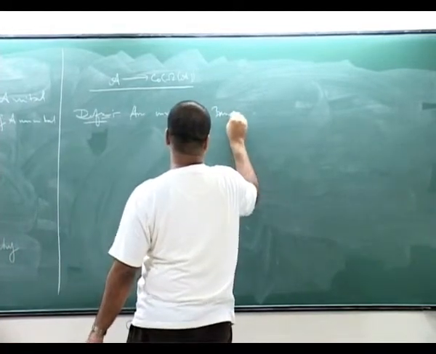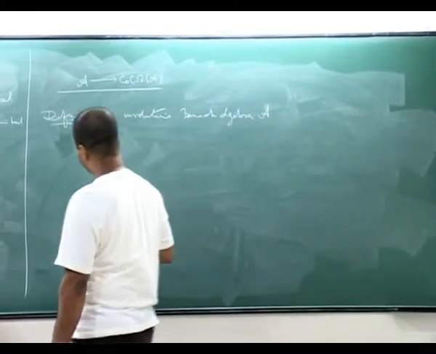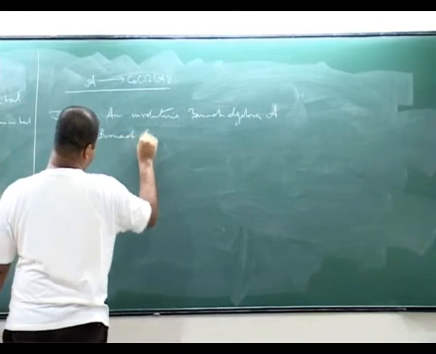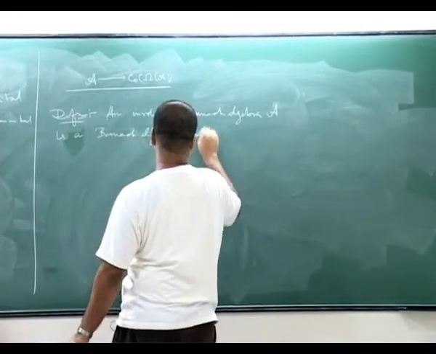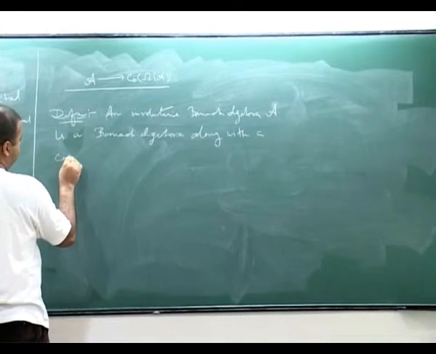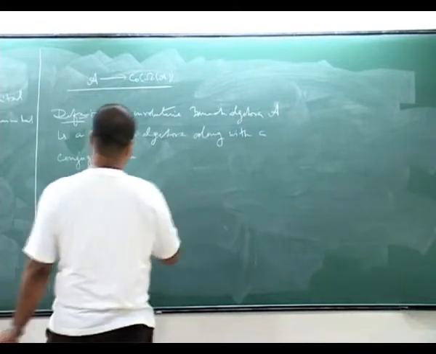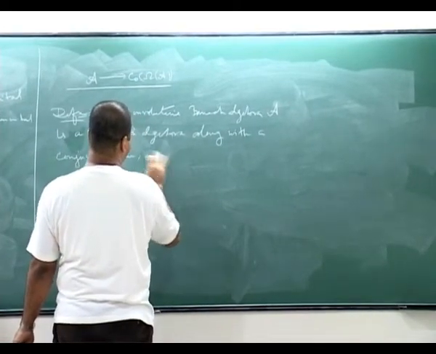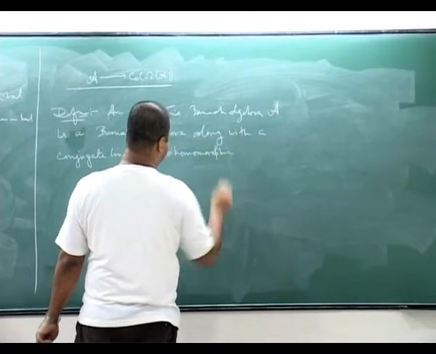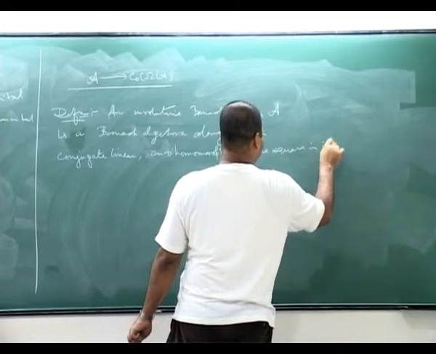An involutive Banach algebra A is, of course, a Banach algebra along with a conjugate linear anti-homomorphism whose square is identity.